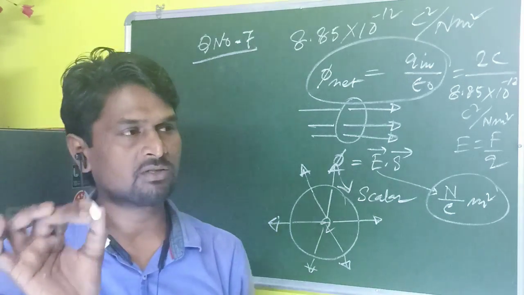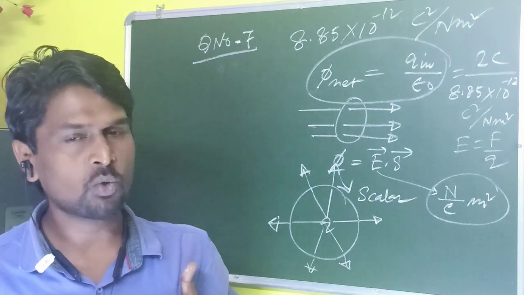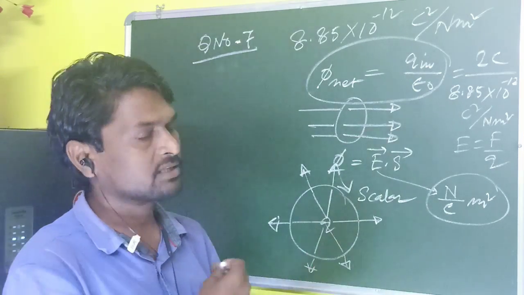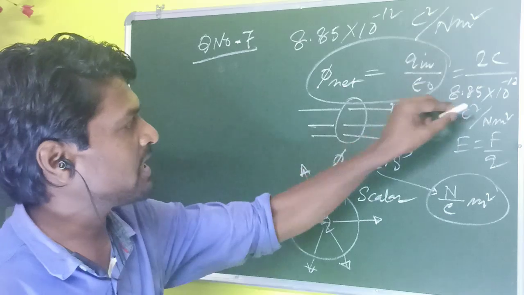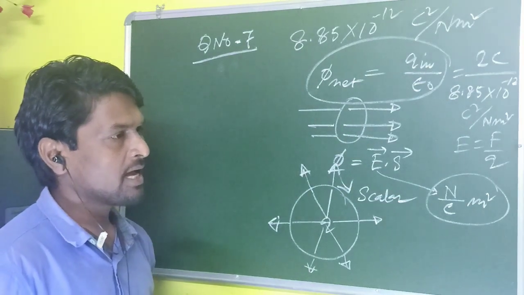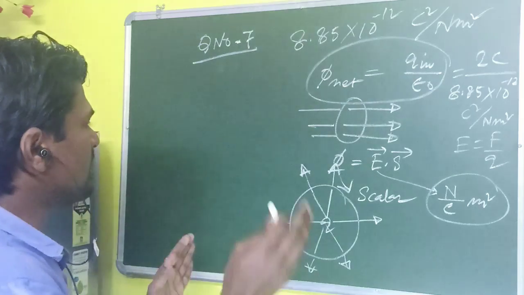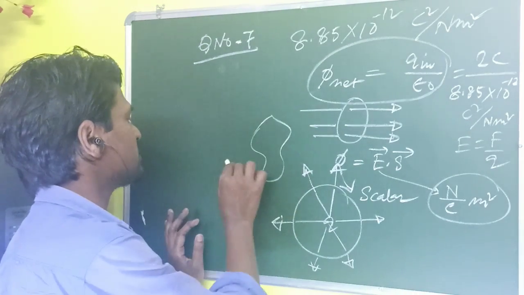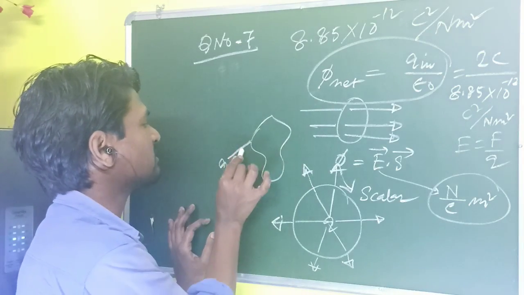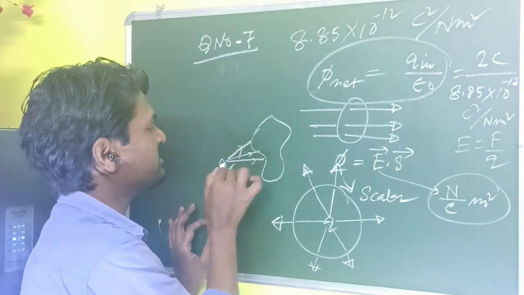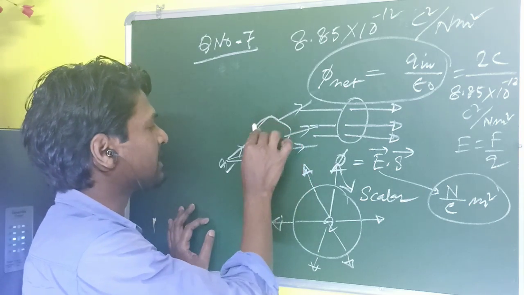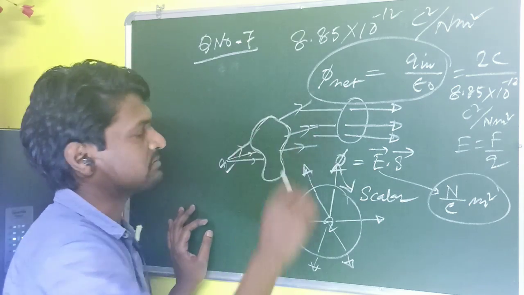If the charge is within my pocket and I close the pocket, the flux through the pocket is Q by epsilon naught, that is the charge divided by 8.85 into 10 to the power minus 12. If the charge is outside the surface, the flux penetrating the surface equals the outgoing flux, so the net flux contribution through that surface is 0.